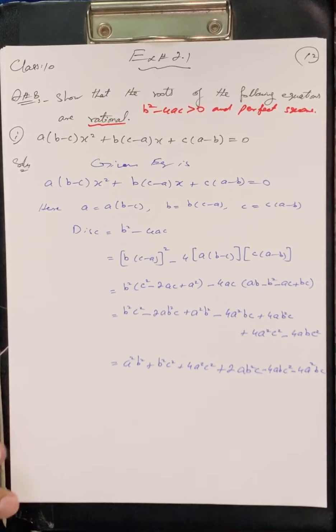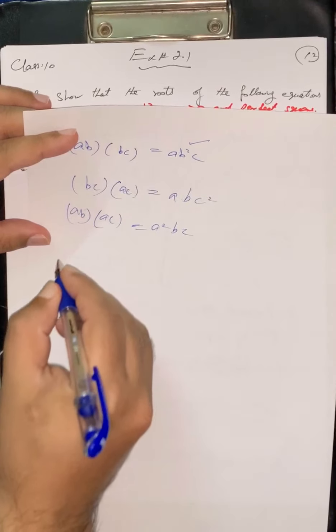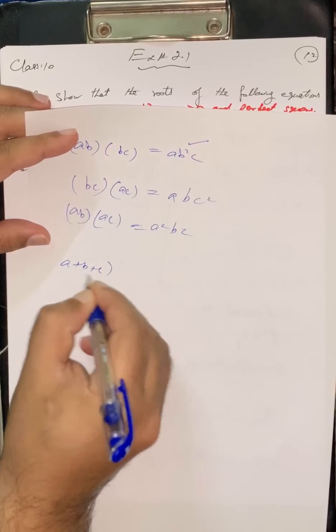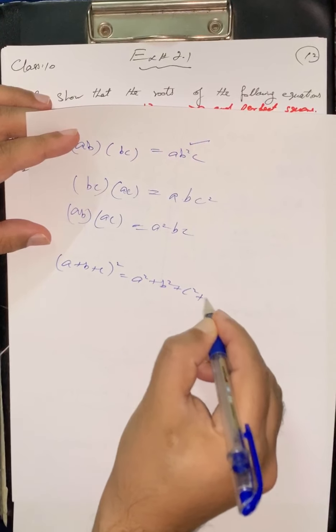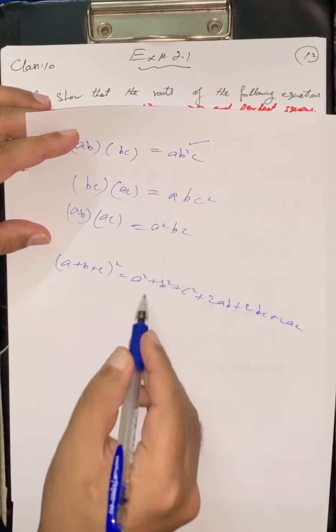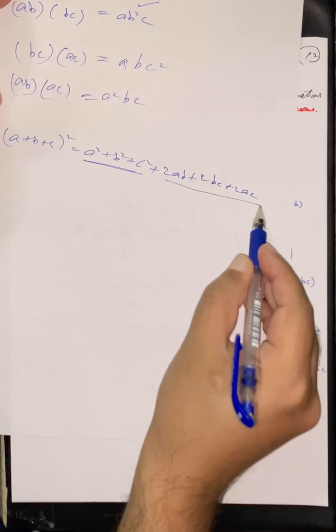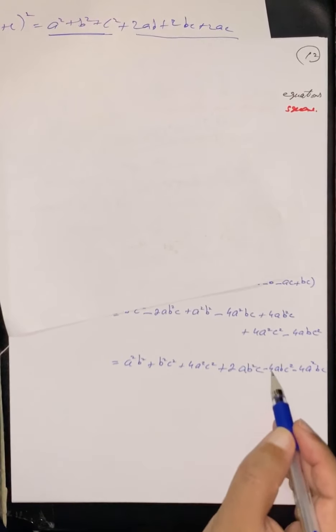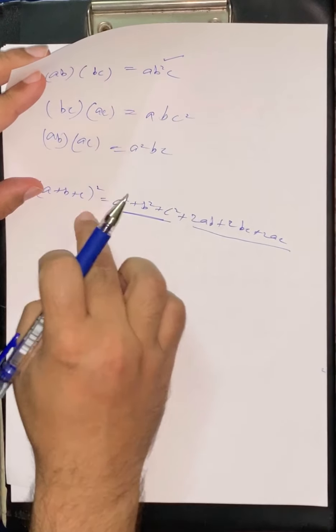And next, apply the formula: a plus b plus c whole square. You know that formula. I write here in the rough: a plus b plus c whole square equals a square plus b square plus c square plus 2ab plus 2bc plus 2ac. So write all the squares first. We already have all the squares, these three squares. Then 2 with 2 with 2 all. But we have 2 here, 4 here, 4 here. So use the formula for a plus b plus c whole square.